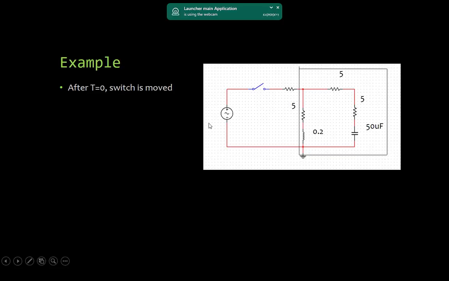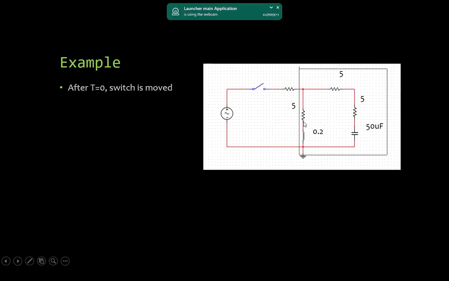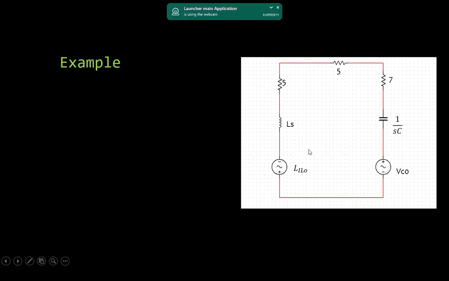After t is equal to 0, the switch is moved. We will only consider this circuit with the resistors, the capacitor, and the inductor. This is now the equivalent circuit, where we will only directly substitute the values.